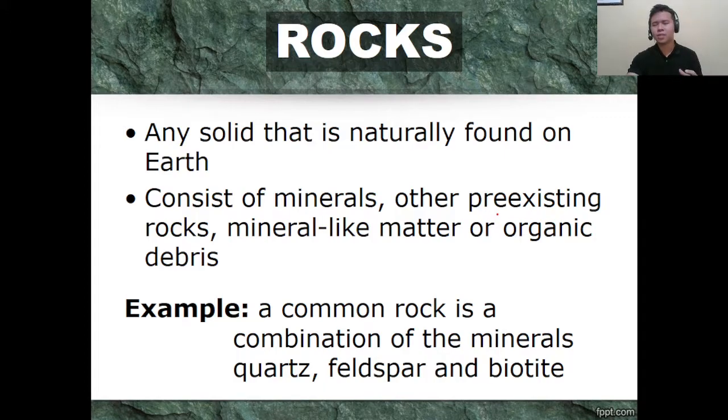When we say pre-existing rocks, these are the disintegrated components of older rock. Due to weathering and different environmental factors, they are compacted together, cemented together, forming a new type of rock.